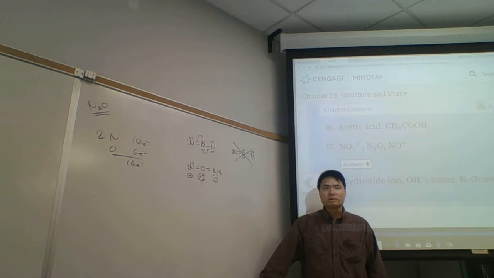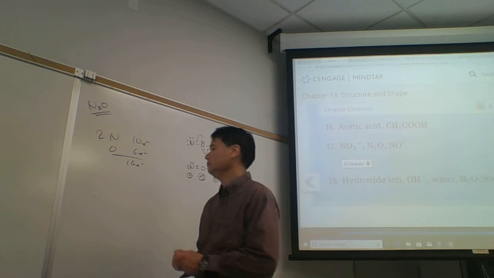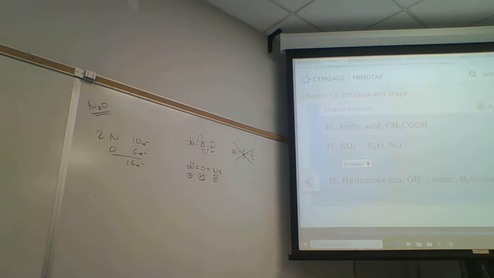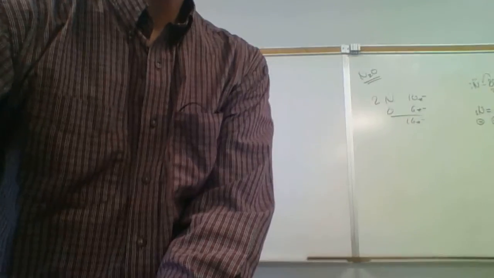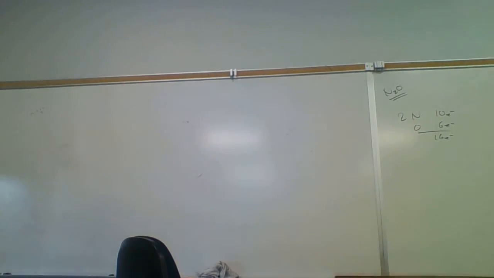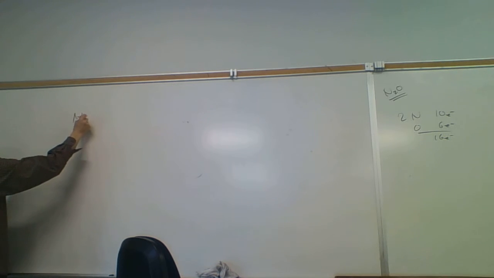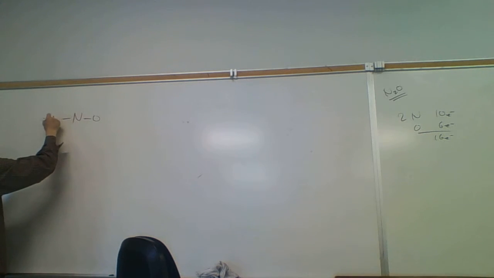Can you think of a better structure for this? Is there a better structure for this? Well, there is a better structure for this, but it requires a different skeleton. That is, rather than having the oxygen in the center, we put the nitrogen in the center.